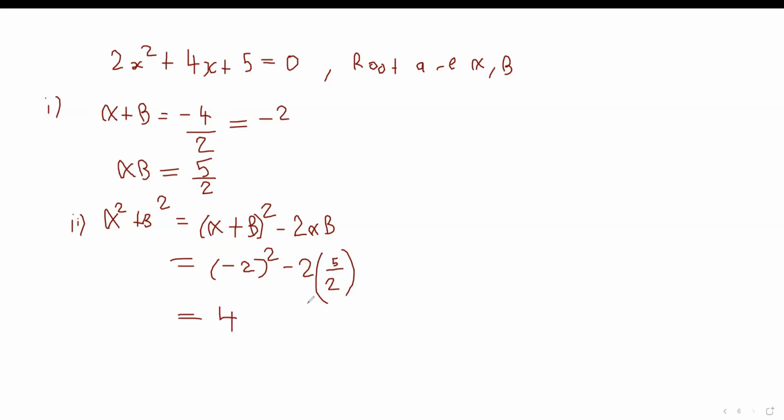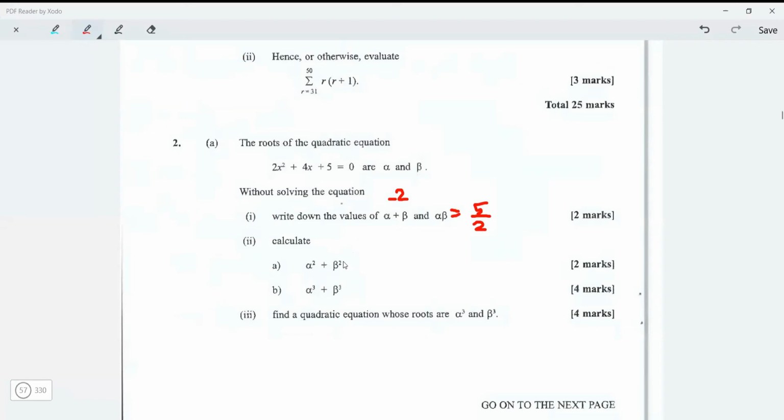This 2 cancels this 2, so you get minus 5. 4 minus 5 is negative 1. Make sure I'm not telling you any lie. So this works out to be negative 1.